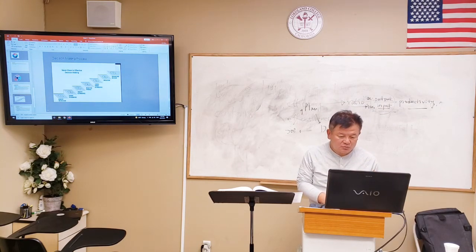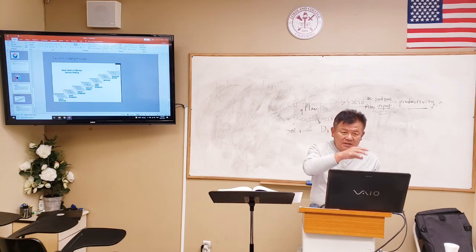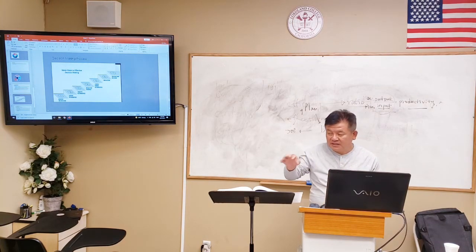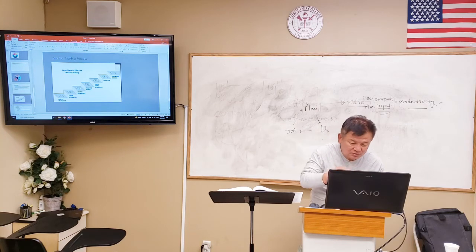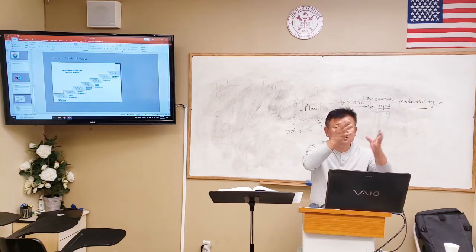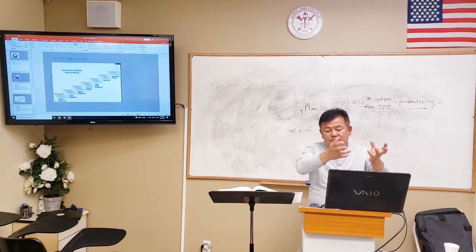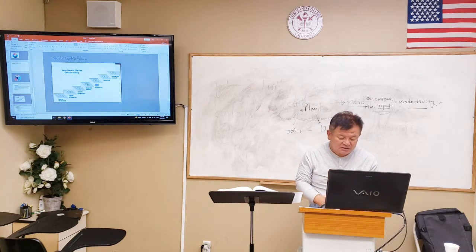And the next step is weigh the evidence. A, B, C plans. How do we do the weighing? Weighing means which is more powerful or effective or more efficient, something like that. Next stage is choose among the alternatives. Okay, I choose one. And the next step is take action.